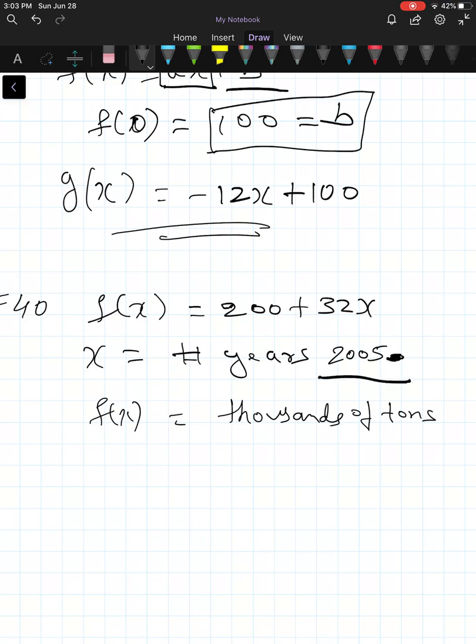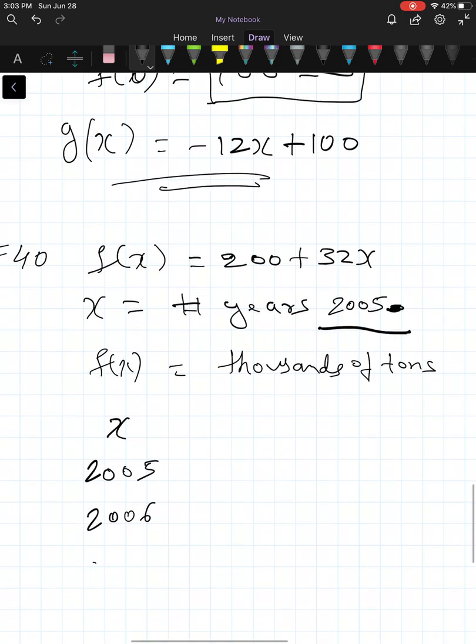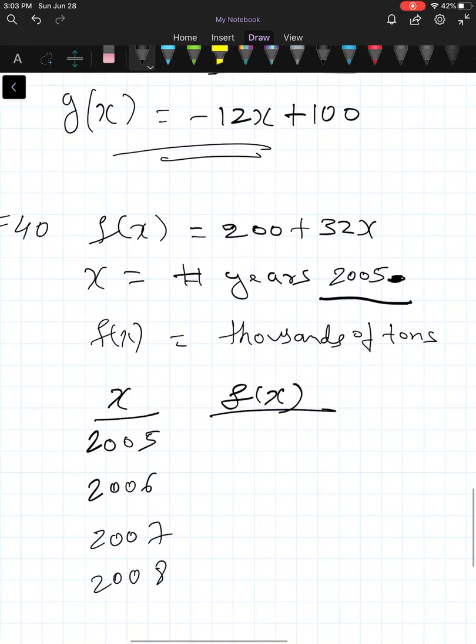So change the value of x, start from 2005, 2006 and so on, and find out the corresponding value of f of x. Use a calculator. I will find out two values so that I can use them for finding the average change. So for 2005 it would be 200 plus 32 times 2005.